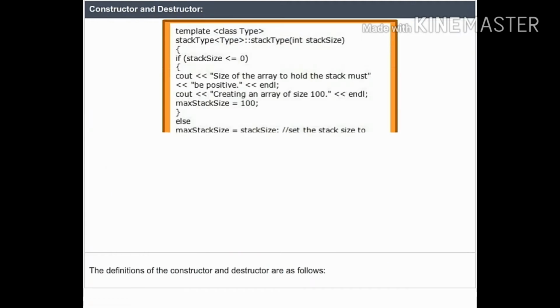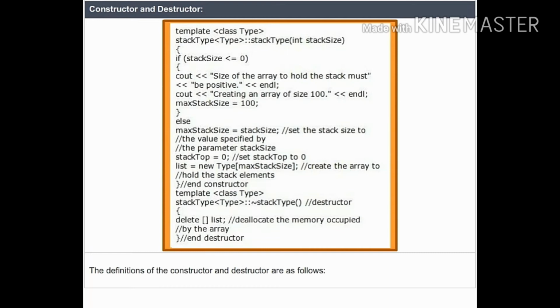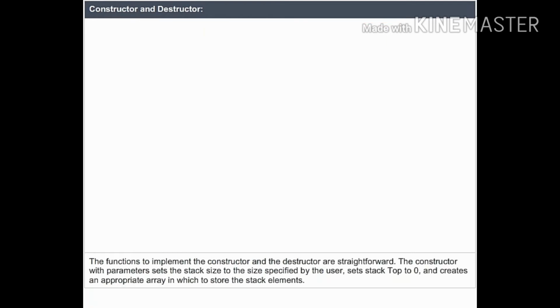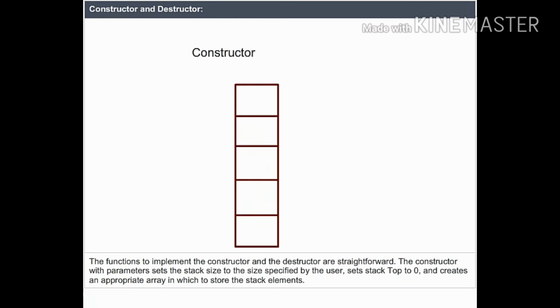Constructor and destructor. The functions to implement the constructor and the destructor are straightforward. The constructor with parameter sets the stack size to the size specified by the user, sets stack top to 0, and creates an appropriate array in which to store the stack elements.